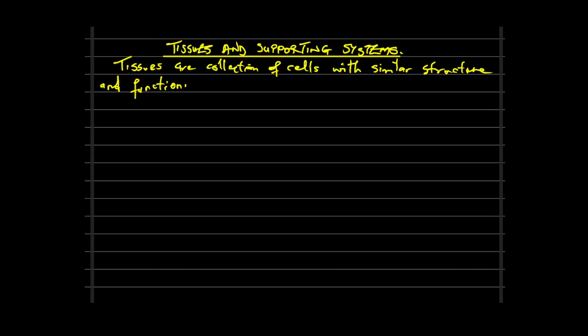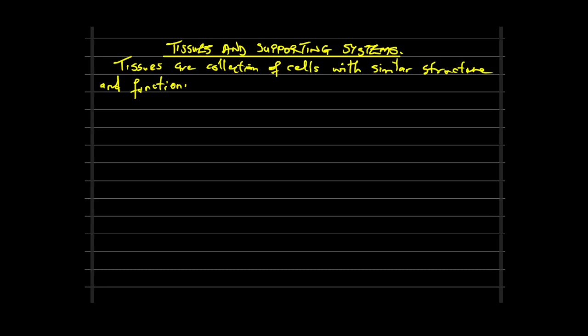We'll be looking at those tissues that are responsible for supporting a particular system, supporting an organism, tissues that support the body of an organism, be it plant or animal. So that is what this topic is actually about.